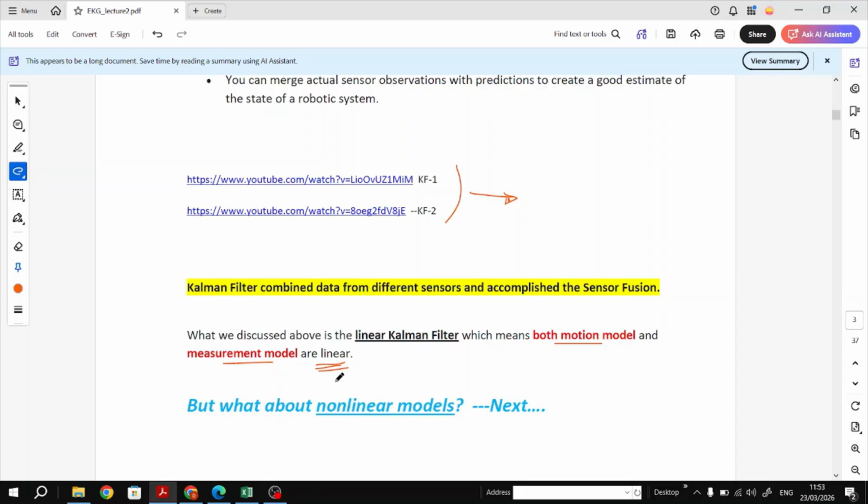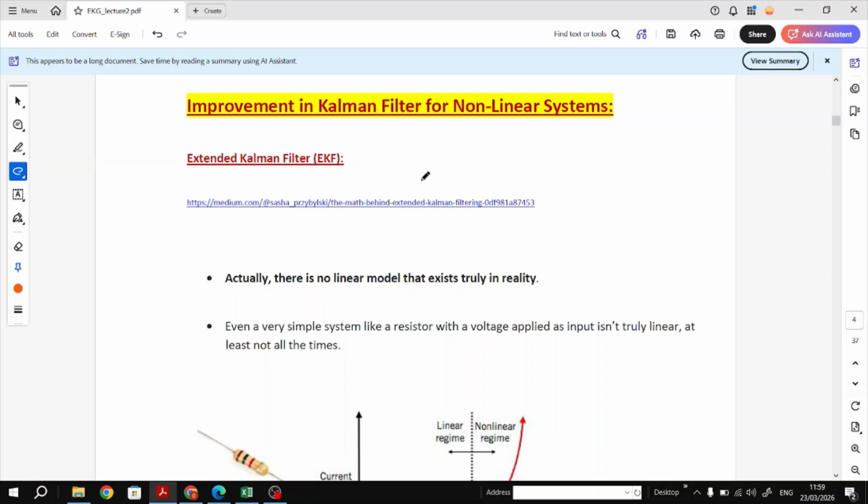So how can we incorporate the nonlinear models into the equations of the Kalman filter? This is the topic of next. Okay, let's start the Kalman filter for nonlinear systems, which is called the extended Kalman filter.